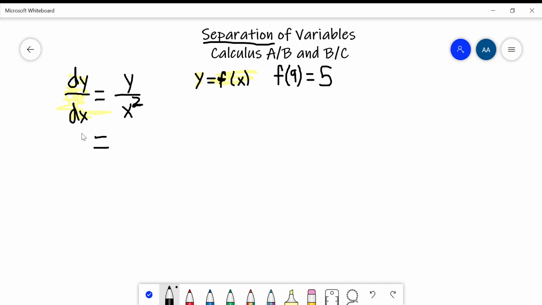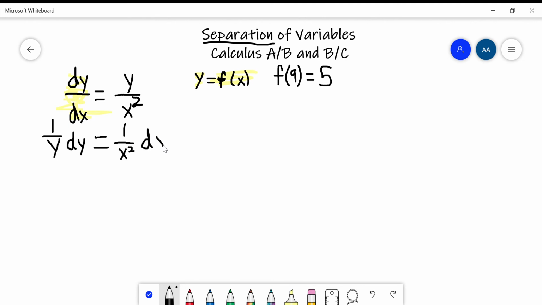I'm sorry about the bad highlighting there, but it is an actual fraction, and so we can actually separate it like so. We want to keep all our dy's on the same side that we have y, and this is going to be 1 over y. And we're going to have 1 over x squared on the other side, since we're going to keep x's on this side, and dx.